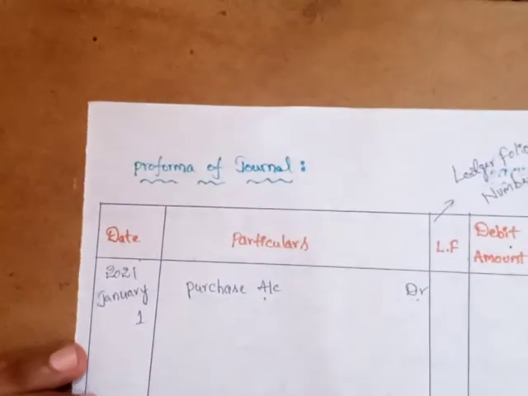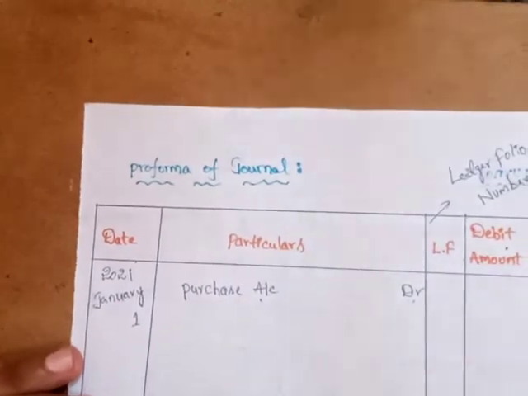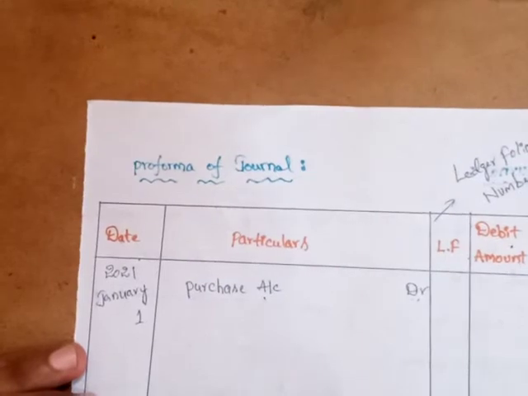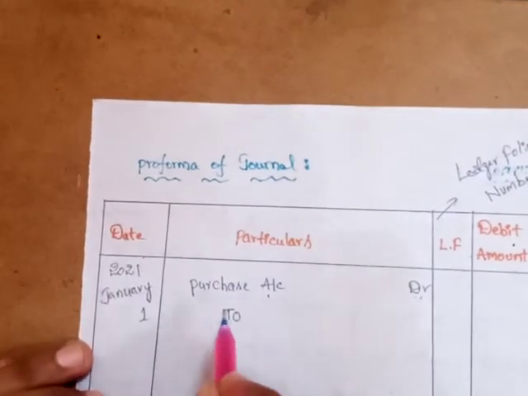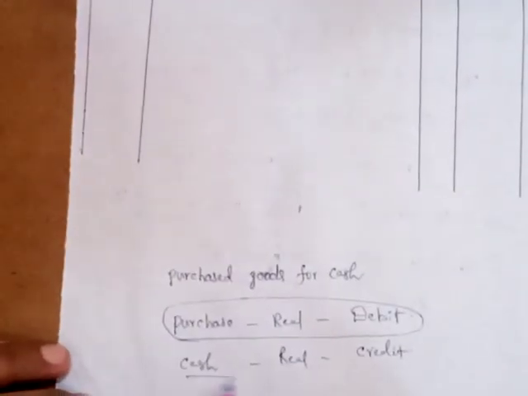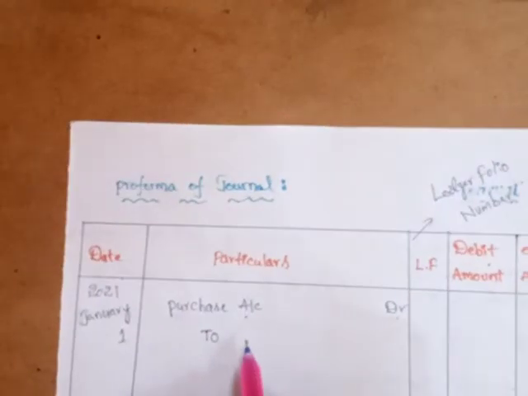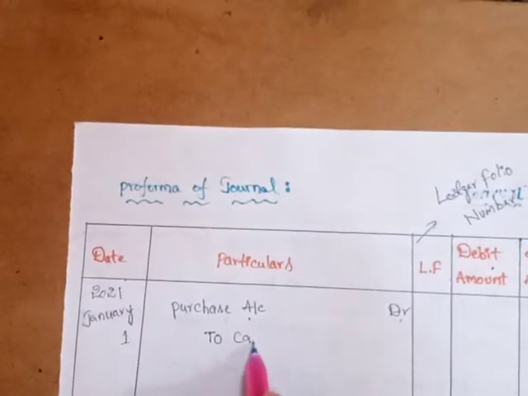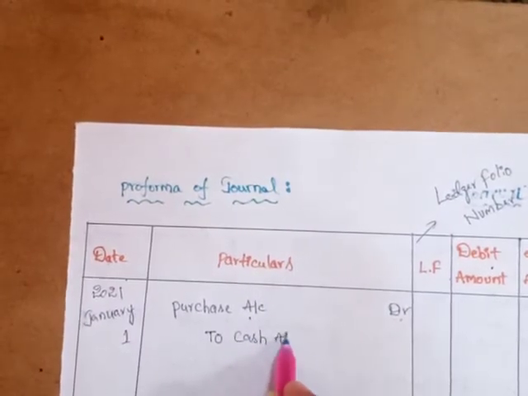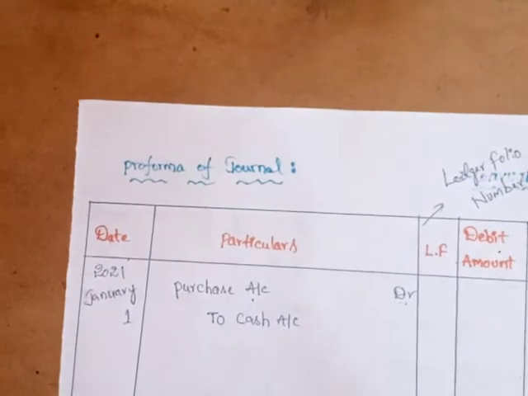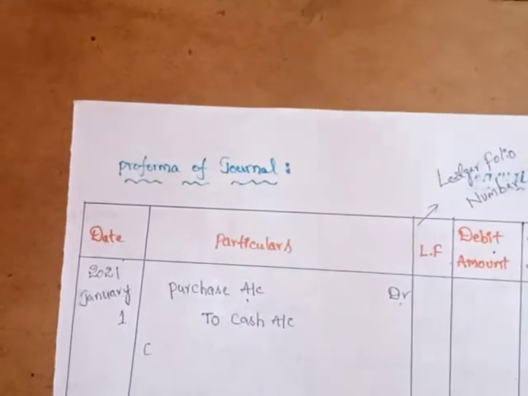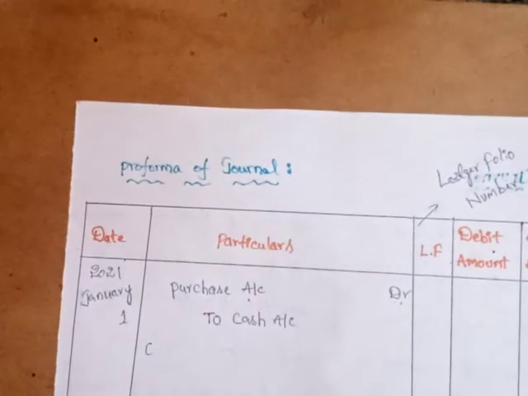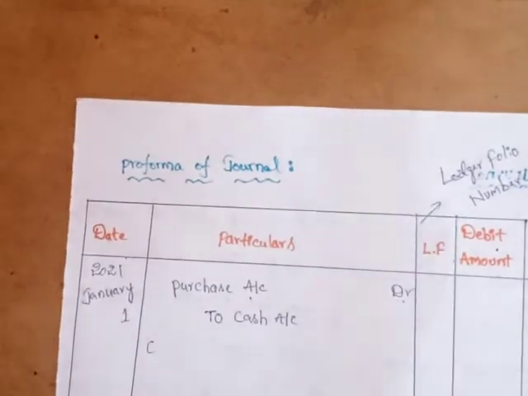So in the next line, we should write credit aspect with prefix to. So what is the credit aspect here? Cash account. So to cash account. In third line, in brackets, we have to write a brief explanation about the entry.